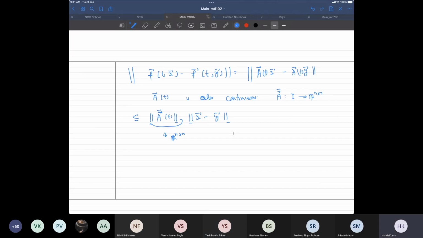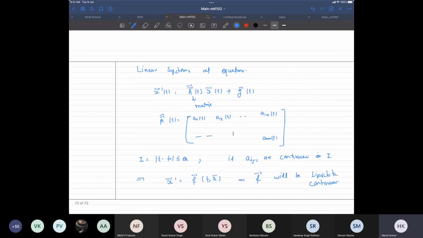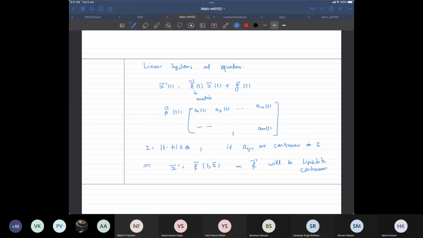In fact, that is also not needed, but either way you can do it. It's not important. But for example, one way you can easily do it, because each entry of A is bounded, because the aij's are continuous. So the aij's will also be bounded, because it's a closed bounded interval.